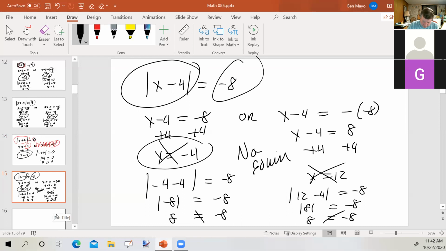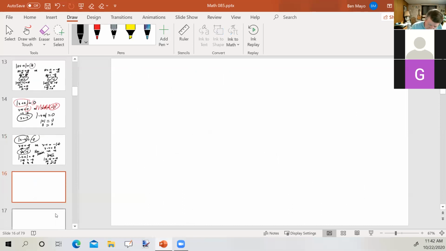Now, let's say we've got something like this. 2 times the quantity x minus 4 minus 8 equals 20. So we've got a bunch of stuff. We've got that absolute value term on the left, but there's a bunch of extra stuff. There's a 2 coefficient out front, and there's a -8 constant term. Before we do anything else, we want to isolate the absolute value term.